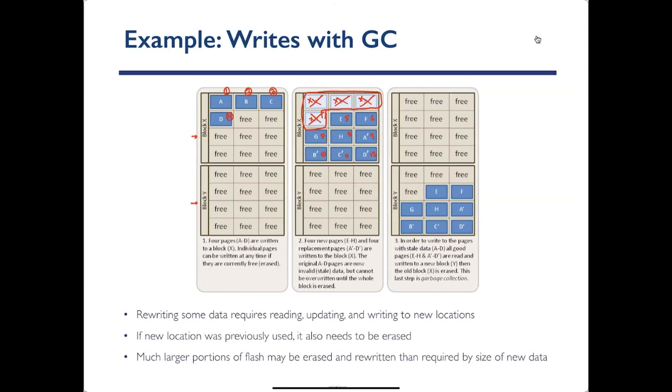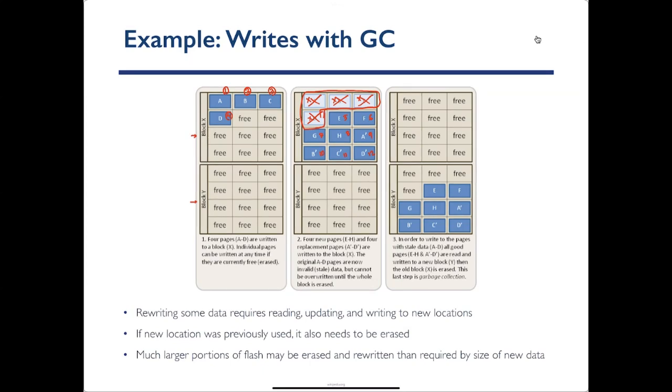We then write them to some free pages in another block. So in this example, we go to block Y and we write the live pages, the pages that are valid, to empty pages in this block. Once block X is ready, there is no data that we really need, then we can erase it altogether. Because as I said, we're going to erase the entire block. We can't erase single pages.